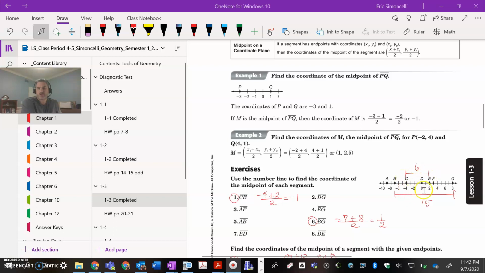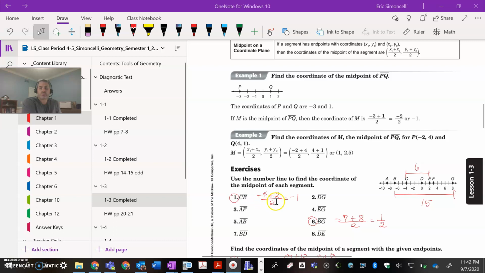You could also do -4 minus 2, take the absolute value, or 2 minus -4 to the absolute value. Either way, you'll end up with a distance of 6. I'm sure it shouldn't come as a big surprise that if the whole distance is 6, halfway should be 3. And if you go 3 units this way, or 3 units that way from C to the right, or E to the left, and of course simply using the formula, which I would argue is the best approach.